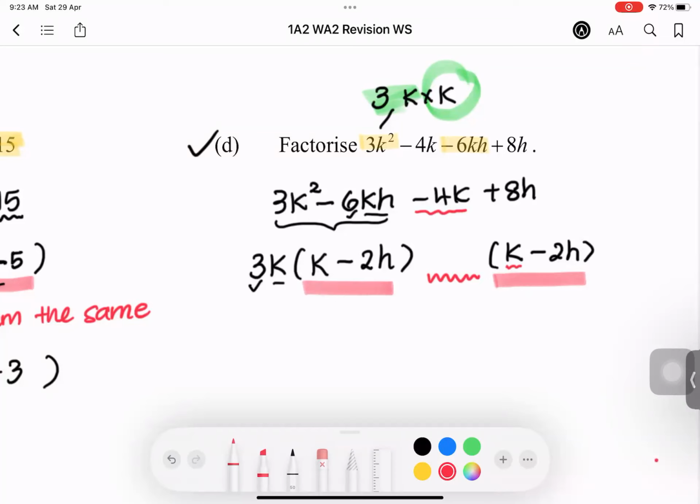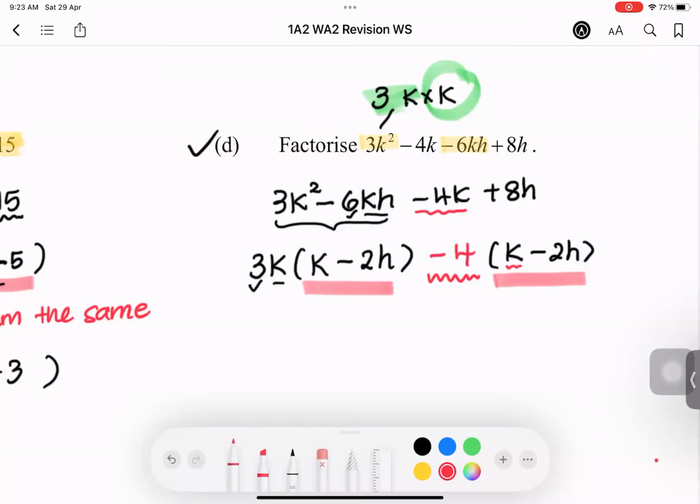What should I factorize out? Negative 4. Yes, thank you. So I'm going to factorize out negative 4.